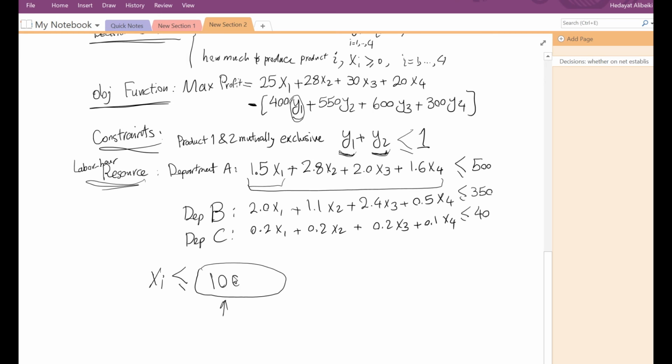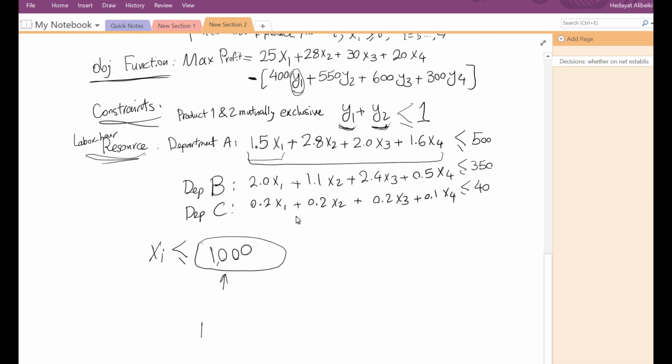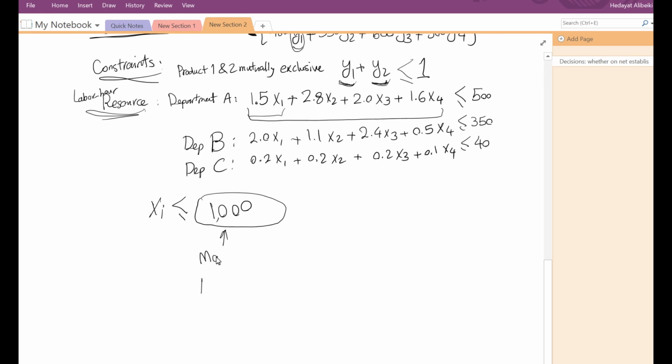So 1000 is our maximum demand, and this should hold only if yi is equal to 1.